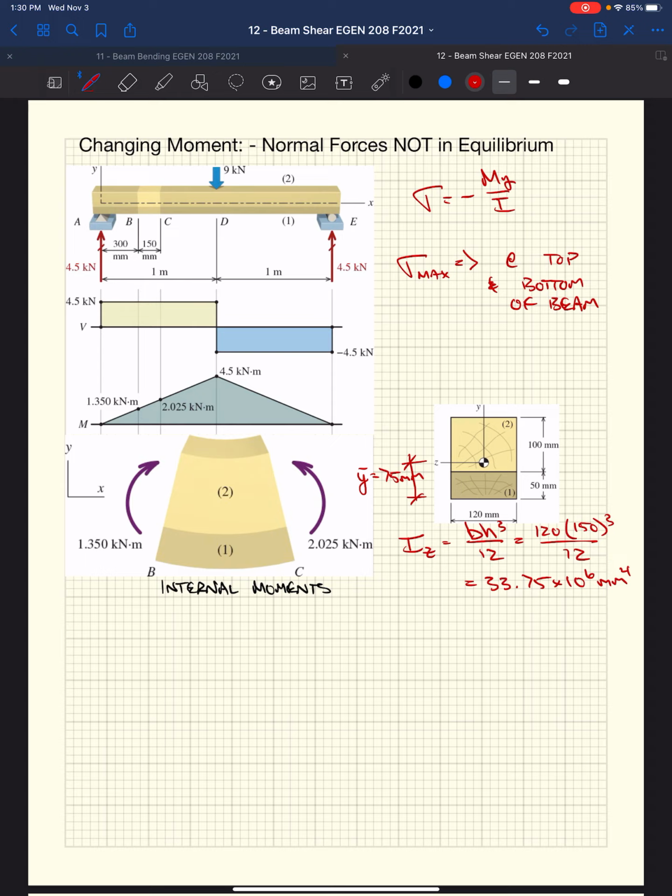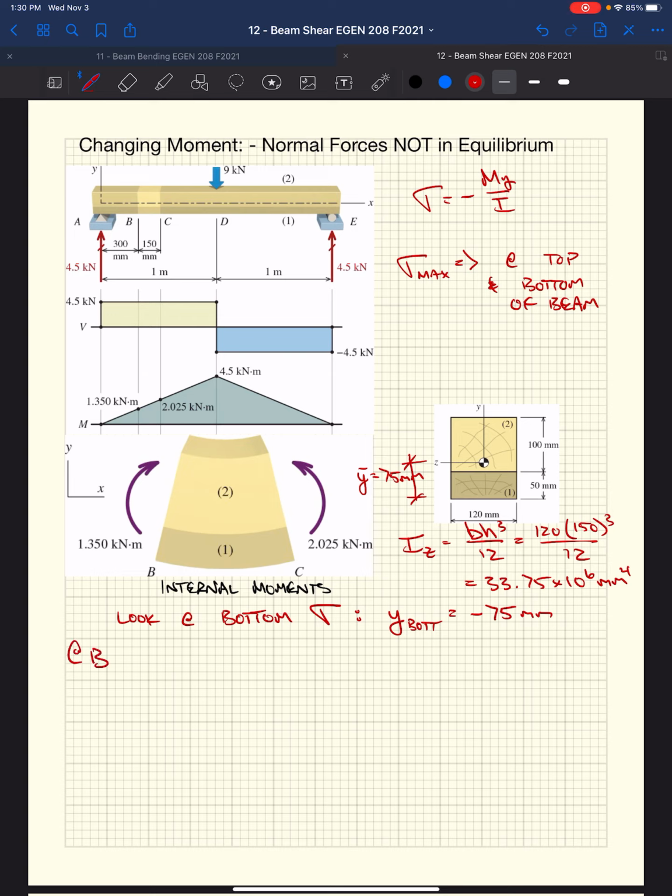So if we look at the bottom, for instance, our distance from the neutral axis to the bottom is essentially our centroid distance. It's negative because we're traveling below the neutral axis. We have a negative 75 millimeters.